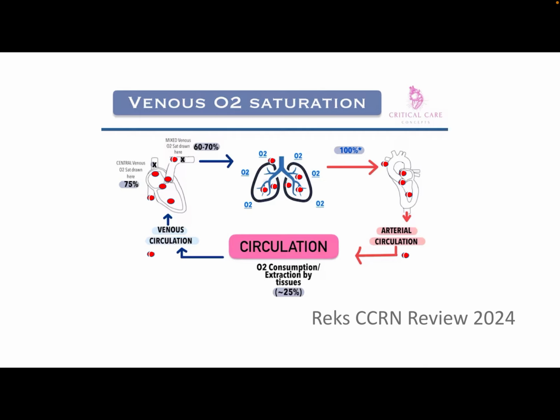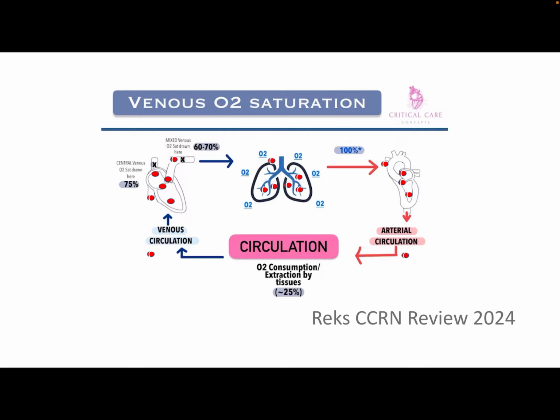Usually, after the gas exchange, the oxygenated blood, which is 100%, is pumped out to the systemic circulation. From the right ventricle, the blood moves into the pulmonary system and the gas exchange happens, where it starts to carry 100% oxygen.